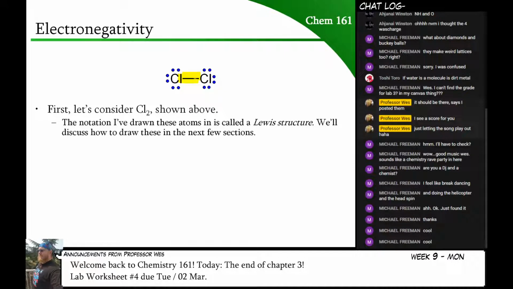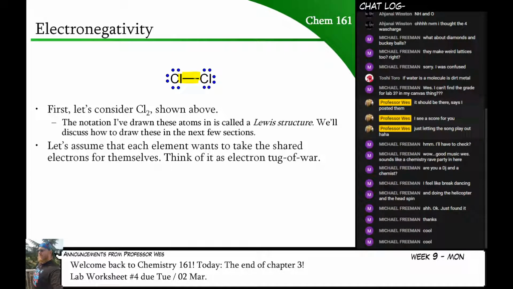Imagine the electrons are a rope, and the Cl on the left is trying to pull the electrons towards it because chlorine has a nucleus and the electrons would be attracted to it. And the chlorine on the right is doing the exact same thing. But they're both chlorine. They both have 17 protons. They both have X number of electrons in their core shell. And then there's these two electrons that are in the bonded area. Who would pull harder?